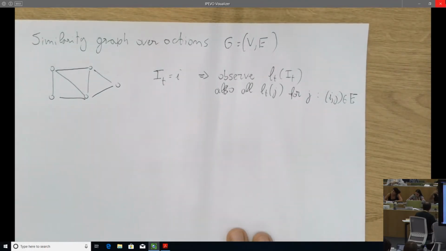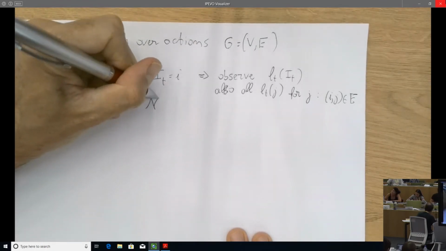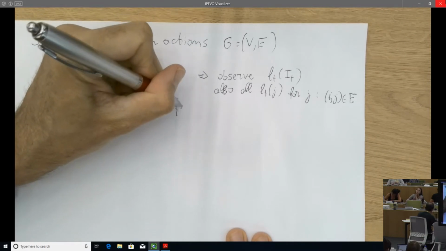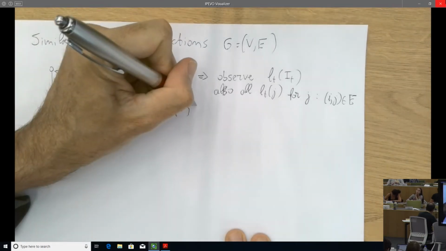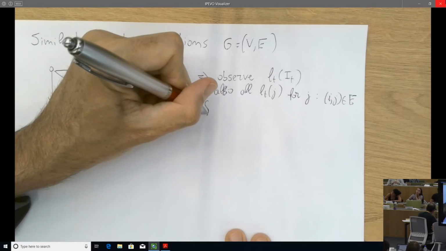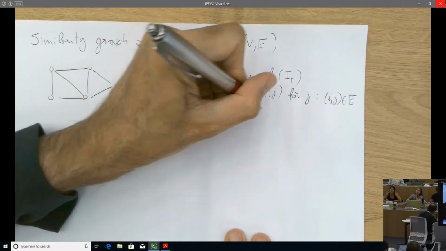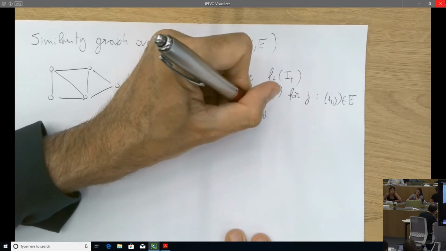So now I can define this neighborhood of i. So the neighborhood of i is the union of all the nodes j in V that are connected to i.